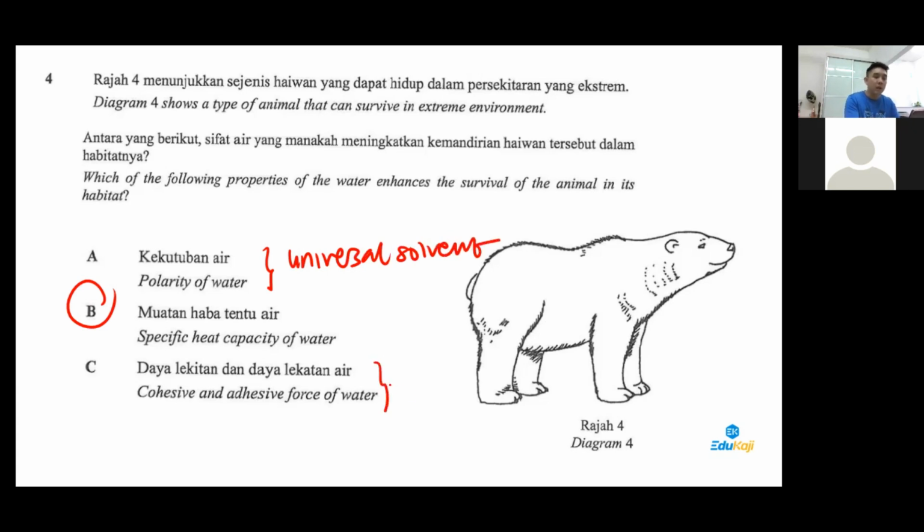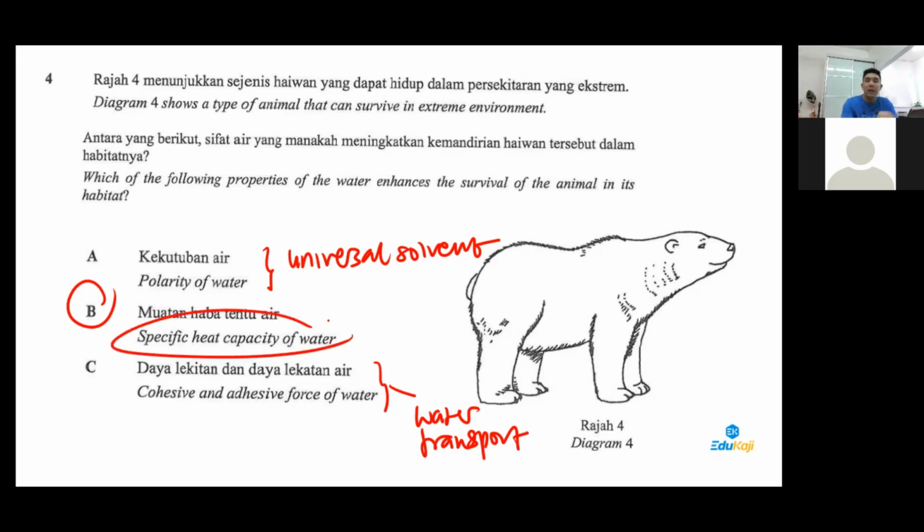Whereas for C, this is a bit more to plants because of cohesion and adhesion. Guys, because of cohesion adhesion, water can be transported in plants.